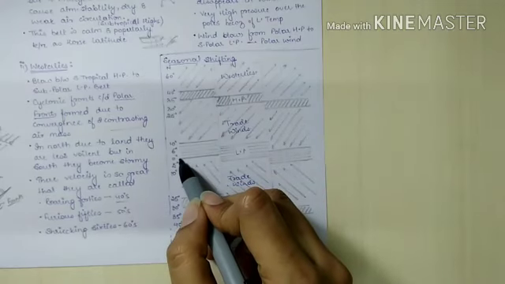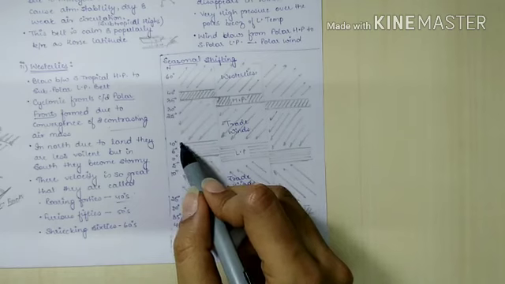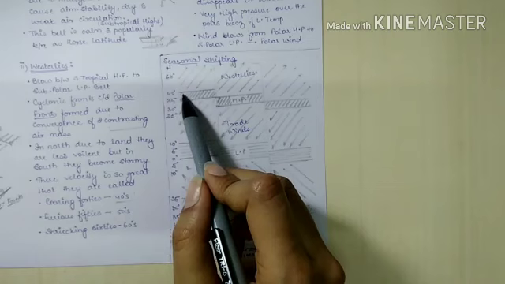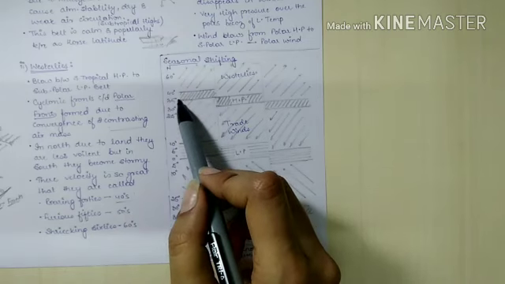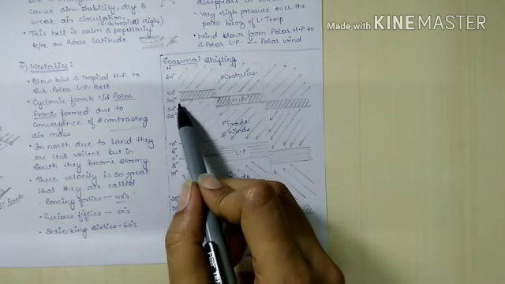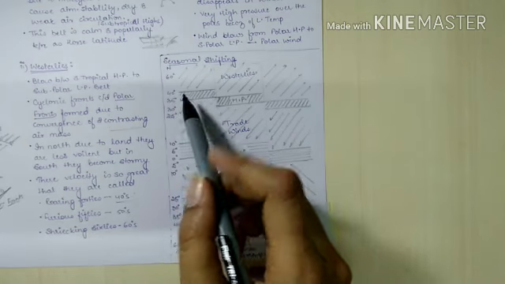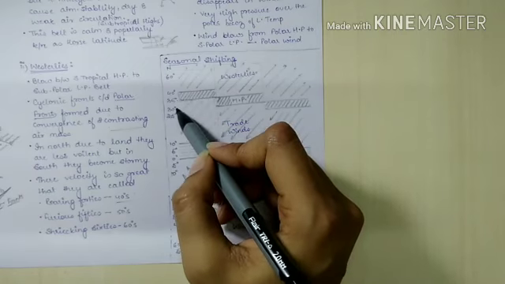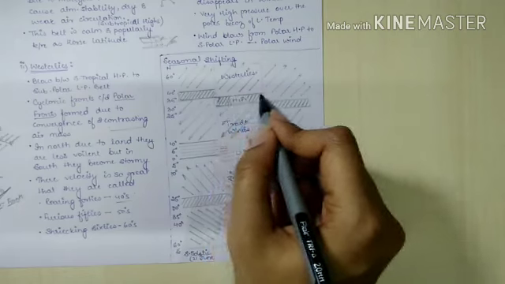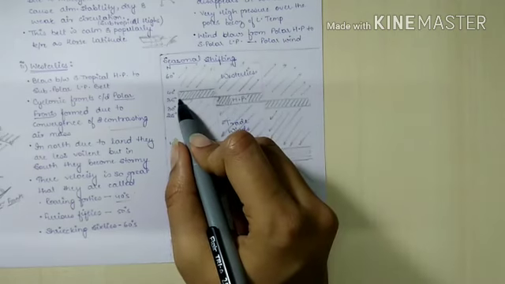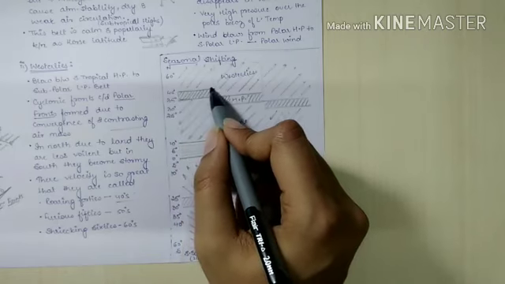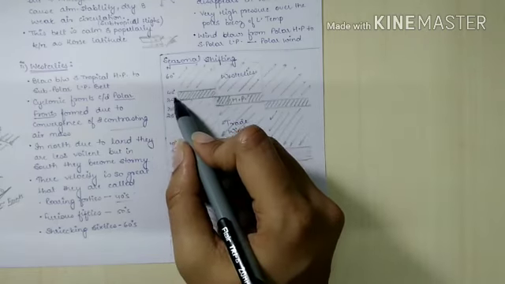So the range of the equatorial low pressure belt changes to 0 degree to 10 degree, and the subtropical high pressure belt's range changes from 30 to 35 degree to 35 to 40 degree. 30 to 35 degree is their ideal condition, but during the summer solstice, their range changes to 35 degree to 40 degree.